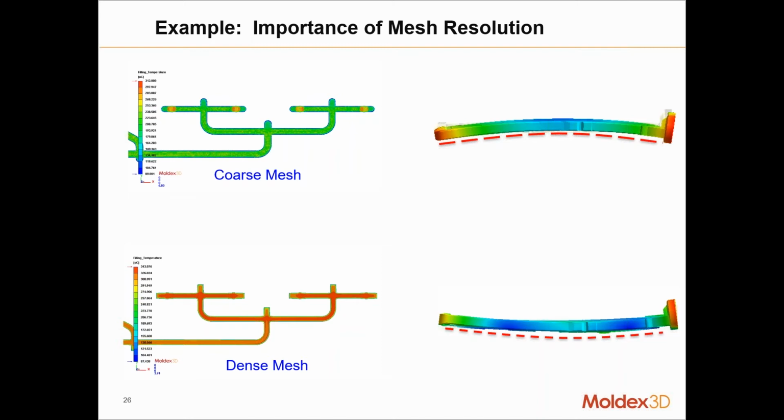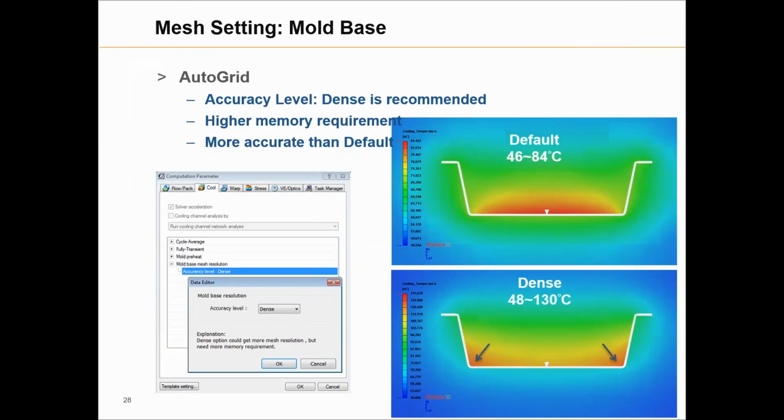And another thing when you talk about meshing and mesh resolution is it's not just restricted to the part or the runner layout. Even your cooling channels and mold base, depending on the kind of density you have in, let's say, the mold base mesh, will impact what sort of temperature distributions are predicted across your mold base.